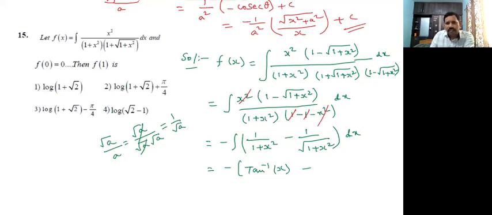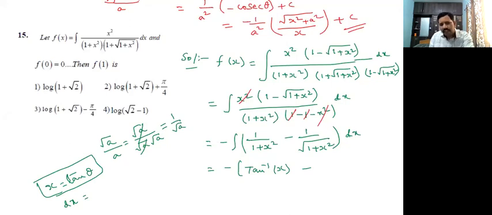Secant inverse? X is equal to tan theta. Then dx is equal to, what will come? Secant squared theta d theta. That means here, integration of 1 by under root 1 plus x squared means secant inverse x. Secant, no, it is not secant inverse. So we'll go with an alternative method.